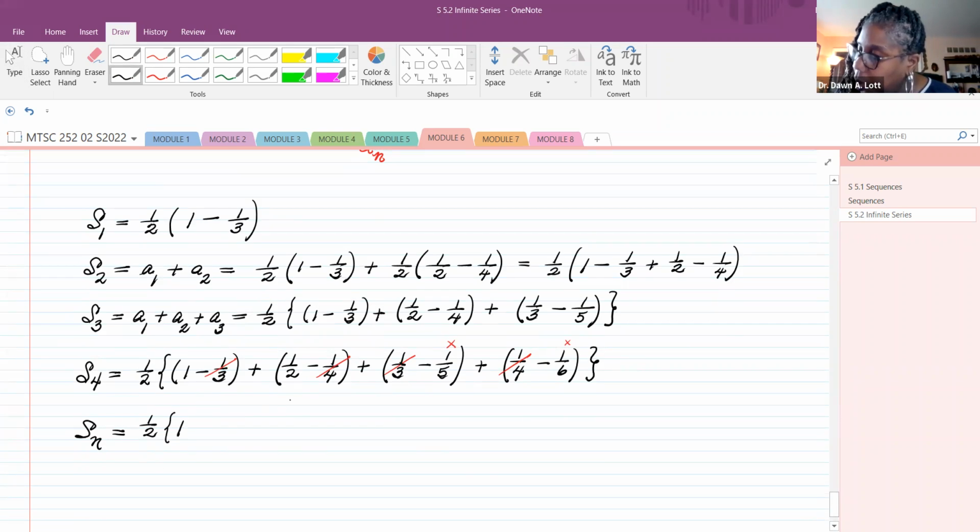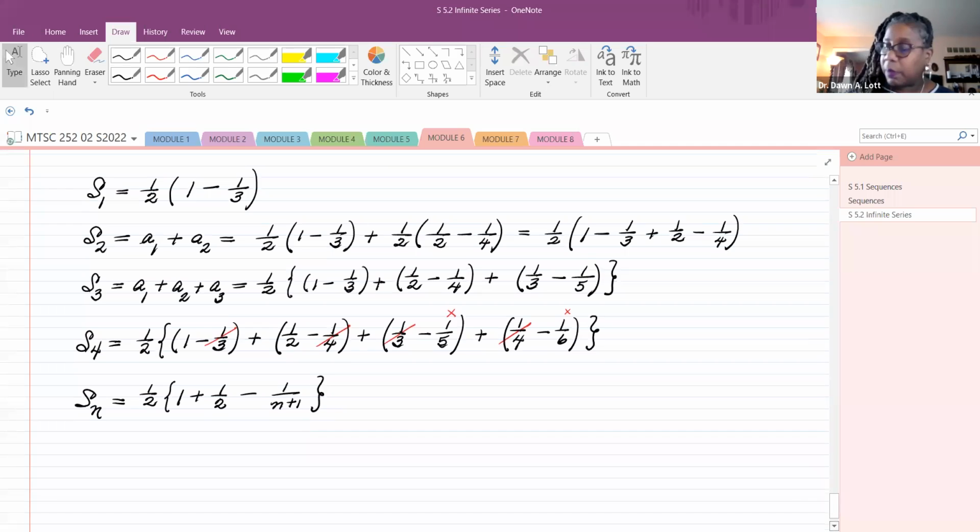I'm going to have a 1 and a 1/2. They never get to cancel with anything. And then I'm going to get minus 1/n+1, because that's the last term that never gets canceled off. All right, so I get the nth partial sum is 1/2 times 3/2 minus 1/n+1.